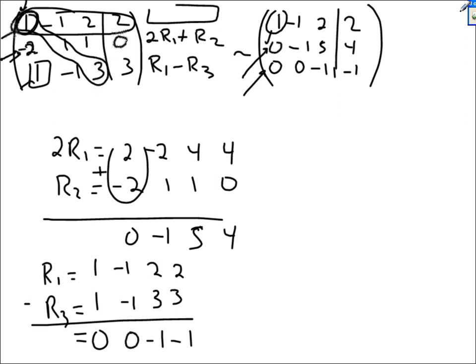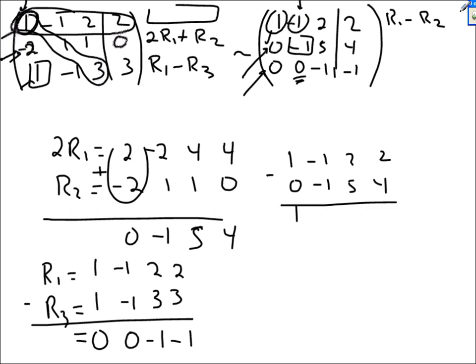Now I go into column number 2. Here is my diagonal entry. I want what's above and below to be 0. Fortunately, what's below is 0. So above, it's a negative 1. Well, if they're both negative 1, subtraction will kill it off. Here is row 1. Here is row 2.